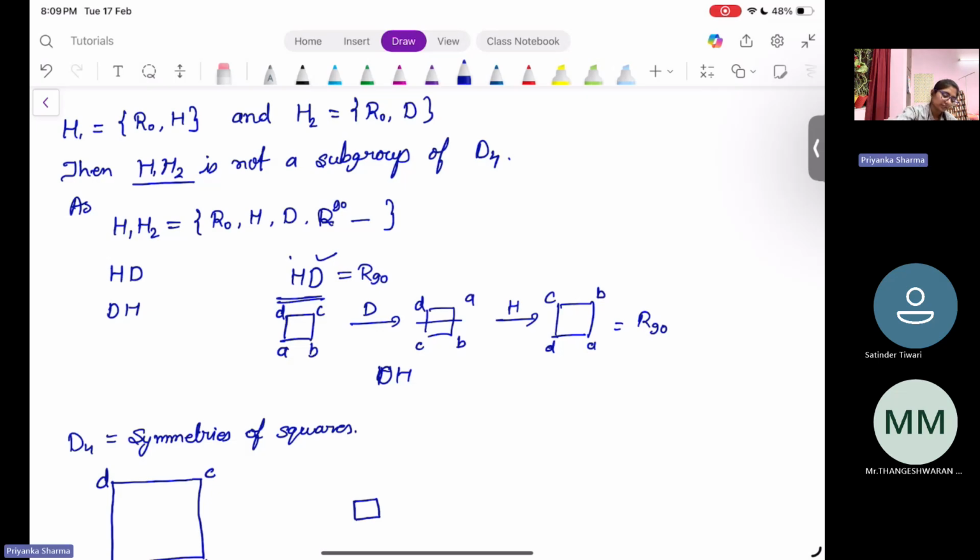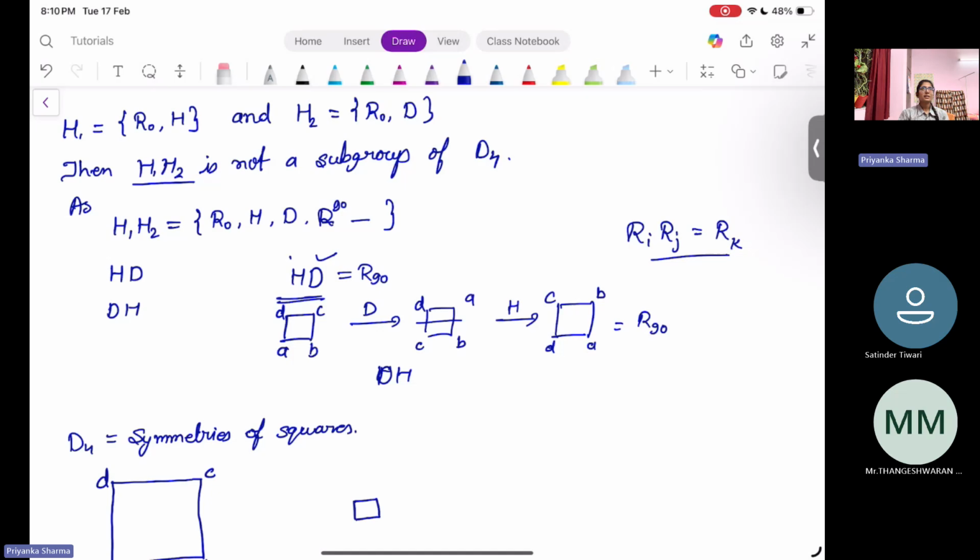One thing, whenever you multiply rotations, Ri, Rj, you will get another rotation, Rk. So no problem. But for reflections, you will get rotations also. So first you need to construct the composition table for simplicity, and then you can compute what is H1, H2. And H1, H2 is not a subgroup of D4.